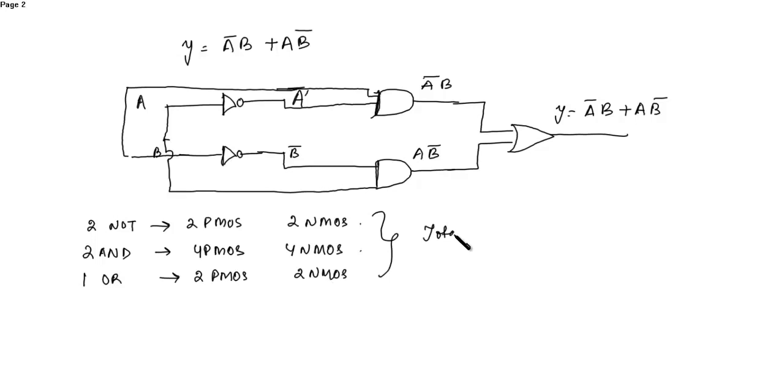If you make a total of it, then the total PMOS needed is 8 and the total NMOS needed is also 8. So we have to find a way in order to reduce this number of PMOS and NMOS.